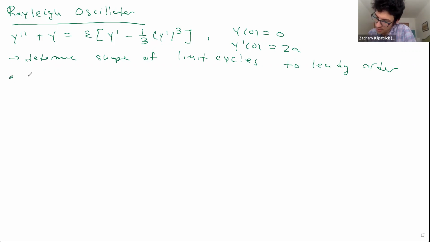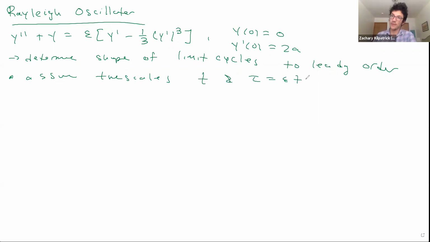So to start with, we'll assume 2 time scales, t and tau equals epsilon t. We can always start with this assumption if we suspect we need multiple time scales. You're free to make this an arbitrary order.